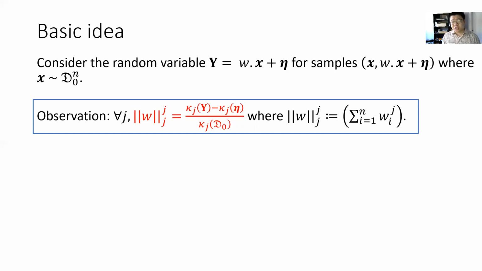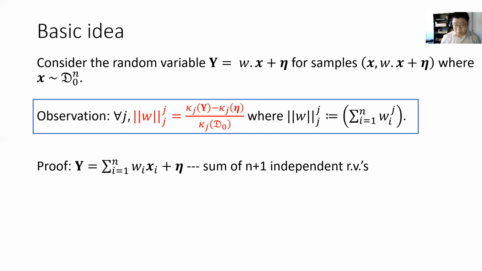The main observation is that for any j, the jth power of the Lj norm of w is equal to the jth cumulant of y minus the jth cumulant of eta, normalized by the jth cumulant of D naught, where the jth power of the Lj norm is defined to be the summation of wi to the j. Okay, the proof is simple.